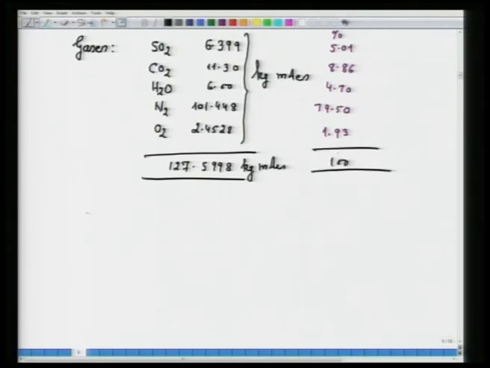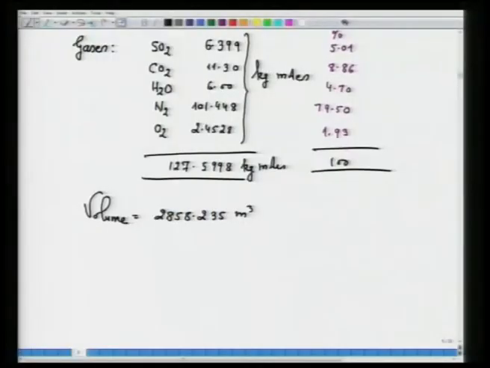So, the volume of the gases will be 2858.235 meter cube at 1 atmosphere and 273 Kelvin. Again, you are noting here that the ratio between the volume of air and the volume of flue gas is approximately 1:1. That also says that the solution to your problem is rather okay.